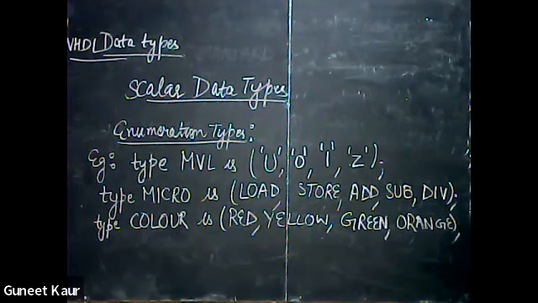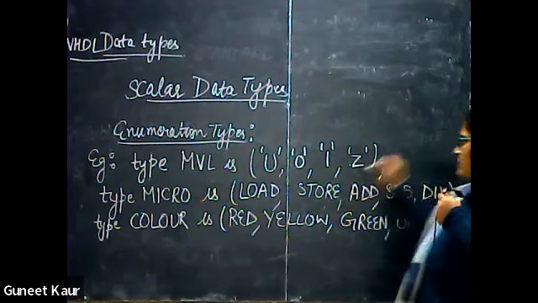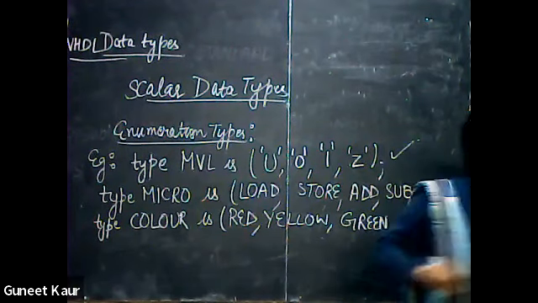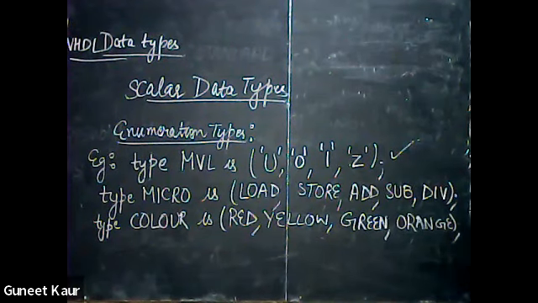In the first example, type MVL, where the word type should be in bold, MVL is an enumeration type that has the set of ordered values U, 0, 1, Z. These values of an enumeration type are called enumeration literals.